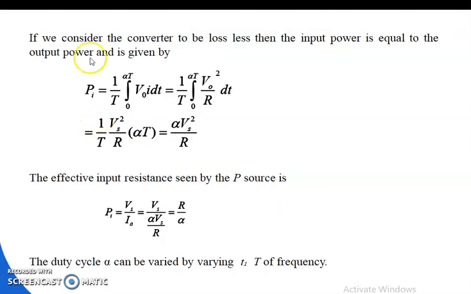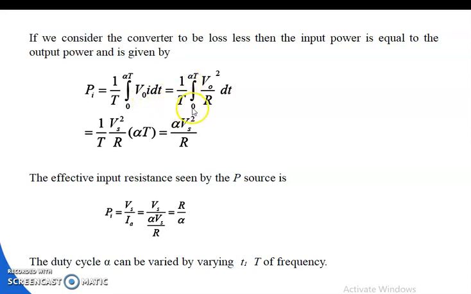If we consider the converter to be lossless, then the input power is equal to the output power and is given by Pi equal to 1 by T integration 0 to alpha T of V0 I dt.